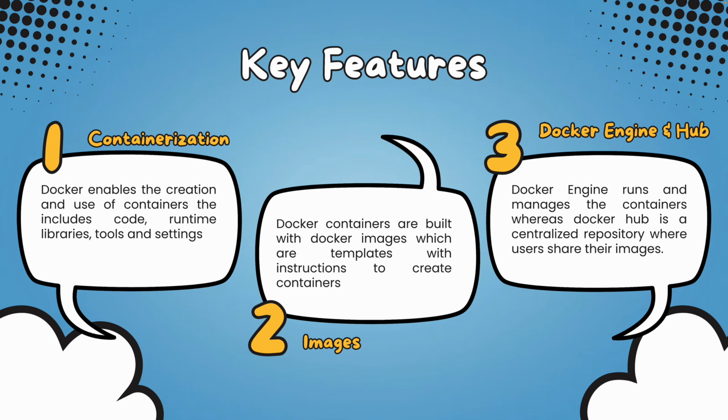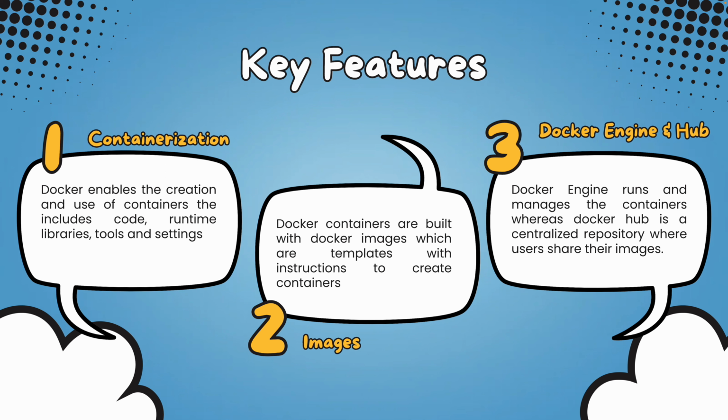The key features of Docker are, first, containerization. It enables the creation and use of containers, which package the code, runtimes, dependencies, tools, and settings. Second is images. Docker containers are built with Docker images, which are templates with instructions to create containers.